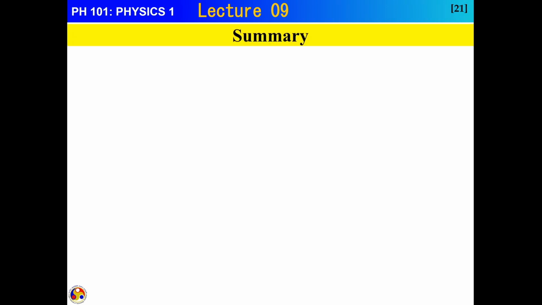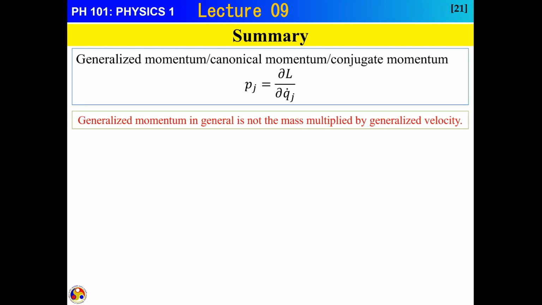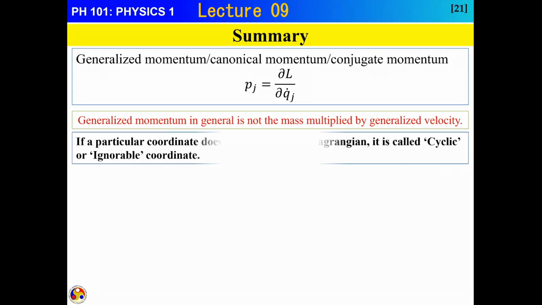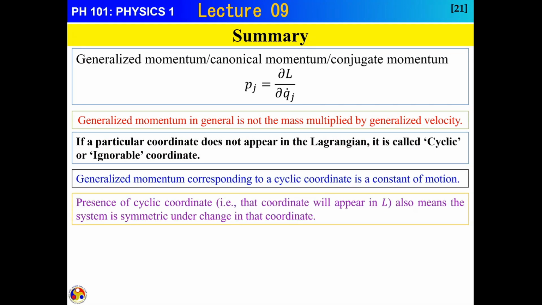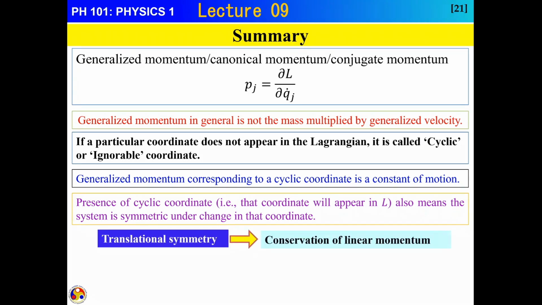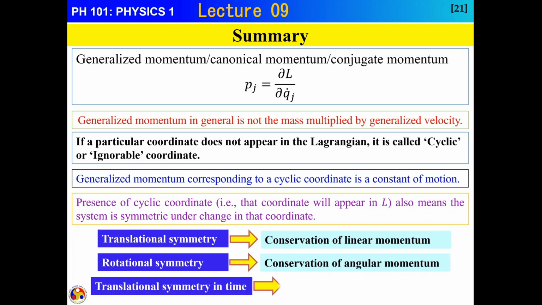So in summary, if you recall, what we have discussed is we have introduced a new concept called generalized momentum, or canonical momentum or conjugate momentum. And then we say that it is not simply mass multiplied by generalized velocity. It has to be the partial derivative of the Lagrangian with respect to q dot.